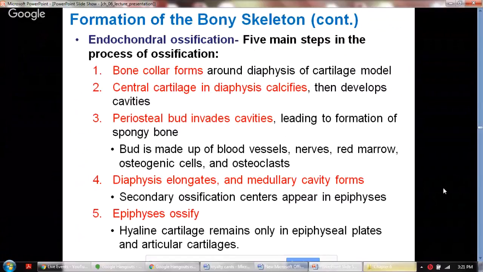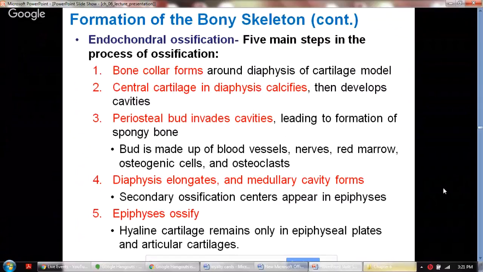I hope you remember the diaphysis, the epiphysis, and the metaphysis. The ends we call the epiphysis, and the shaft area is called the diaphysis. As the medullary cavity forms, the diaphysis starts to elongate, and at the epiphysis you would find the secondary ossification centers.